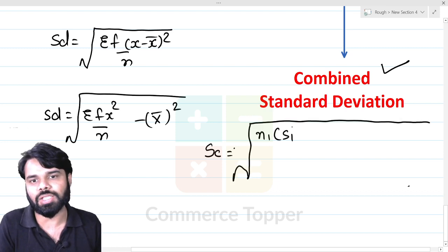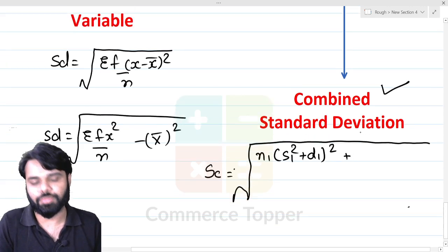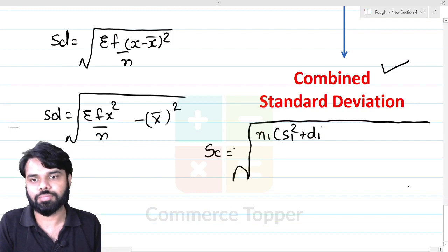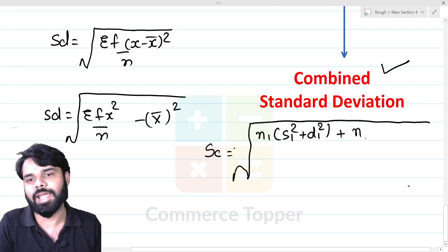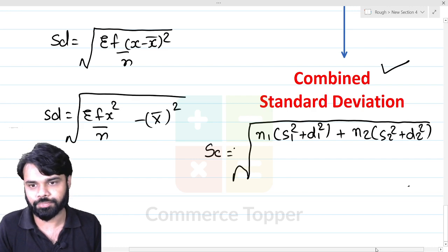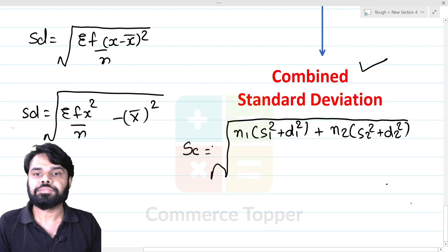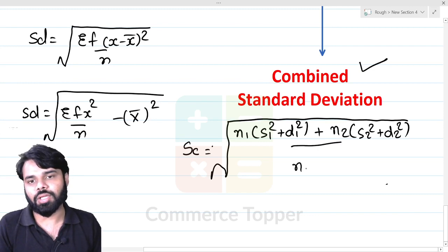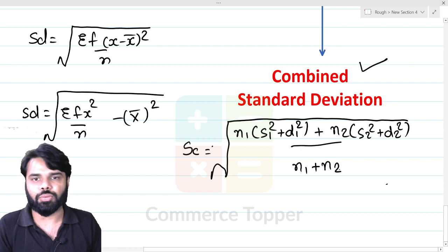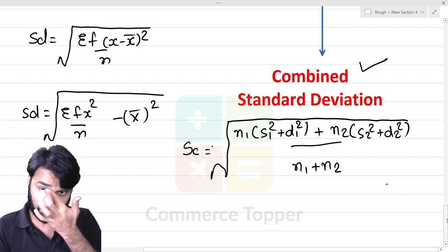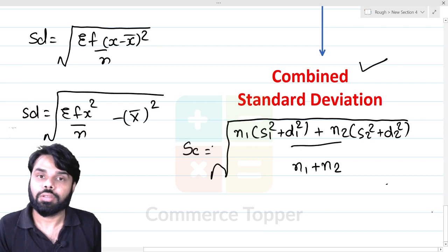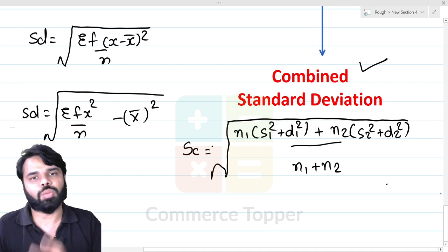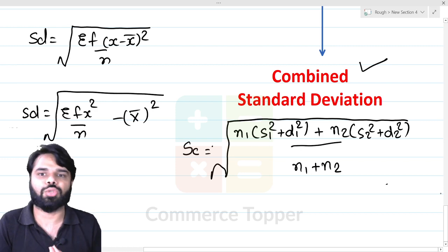N1 (S1 square plus D1 square) plus N2 (S2 square plus D2 square), divided by N1 plus N2.